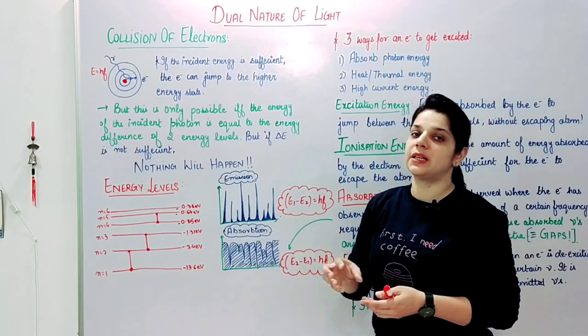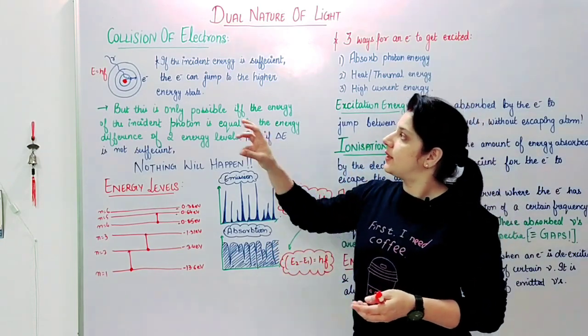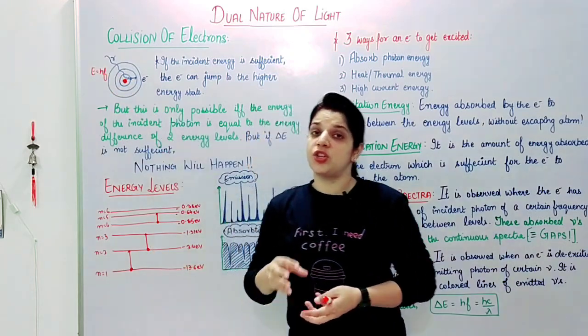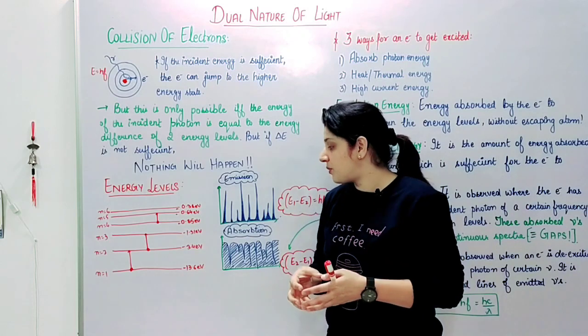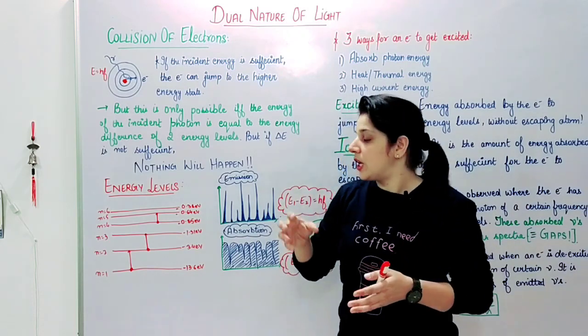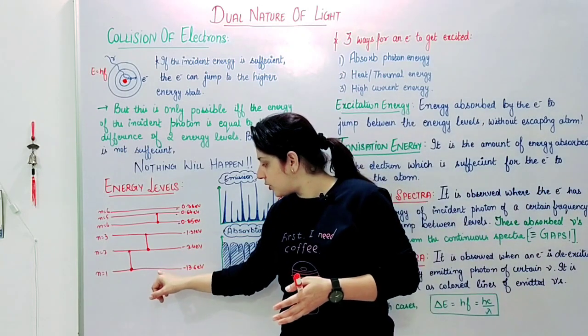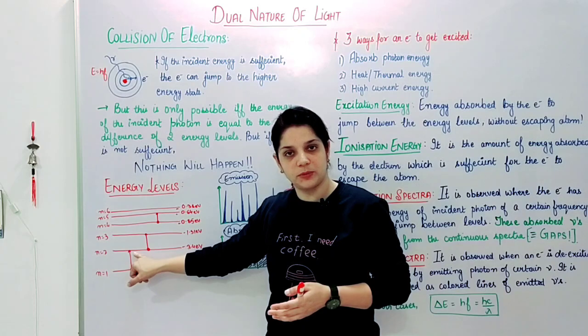It will always be present in a certain energy level, and hence this packet of energy should be in such a way that when it is absorbed by this electron, it should be sufficient to make the electron jump from this energy level to the next one.